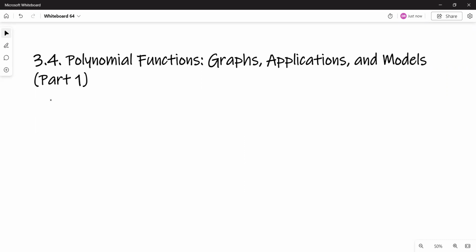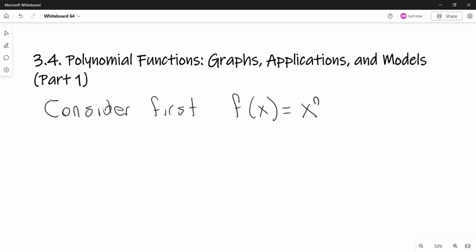So I'm going to start first with a variation of the basic functions. We will consider first f of x equals x to the n power.